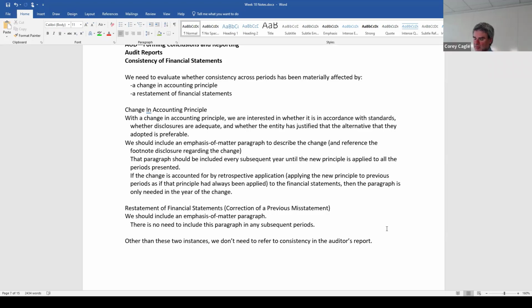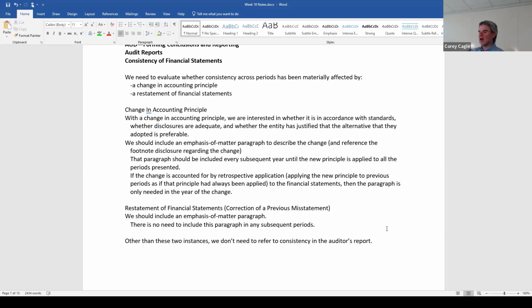Same with if you have comparative statements with audited this year and reviewed last year or compiled last year. That's another situation where you need that other matter paragraph that describes a whole bunch of things. Something like, the 2020 statements were reviewed by us or whoever else, and the report stated that they were not aware of any material modifications, and a review is substantially less in scope than, blah, blah, blah, all this descriptive stuff.